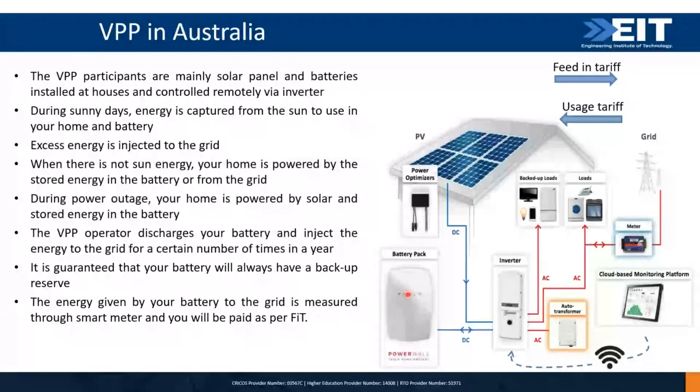So also in the days that the sun energy and the battery charge are not enough to feed the house loads, then the VPP sends power from the grid to the house. So the VPP must always be connected to the grid.